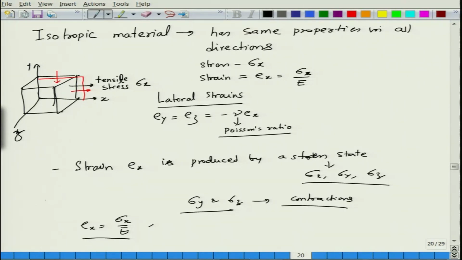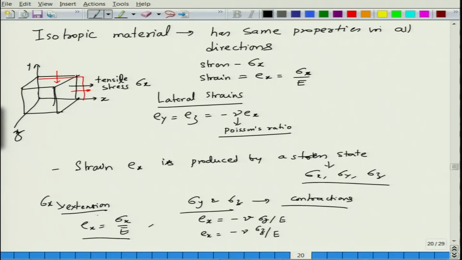This sigma x causes extension, so the corresponding contributions from sigma y and sigma z will be the contractions. In that case, we can write Ex as minus nu sigma y divided by E, and we can write Ex again as minus nu sigma z divided by E. So these are the contributions of sigma y and sigma z.